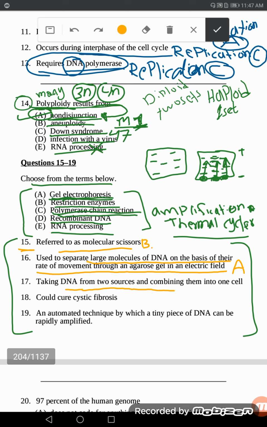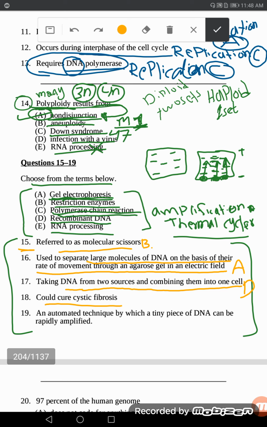Taking DNA from two sources and combining them into one cell: combining two sources of DNA, this is D, recombinant DNA. Could cure cystic fibrosis. Cystic fibrosis is a genetic disease caused by a recessive allele, and in the future it could be cured by using a recombinant DNA method. It means that people who have a defect in that gene could have it replaced with the normal gene.